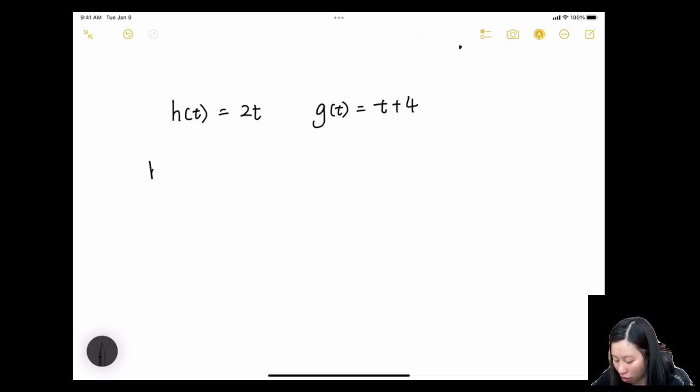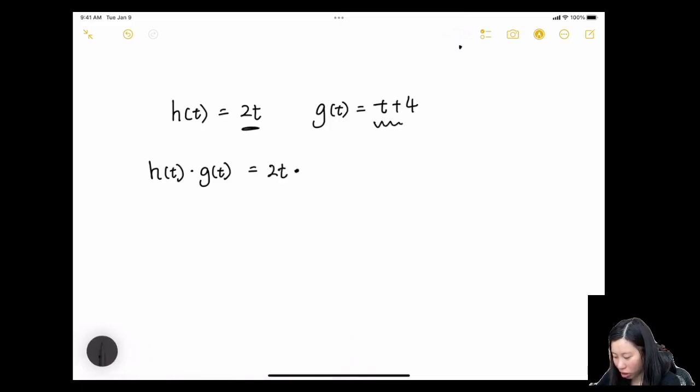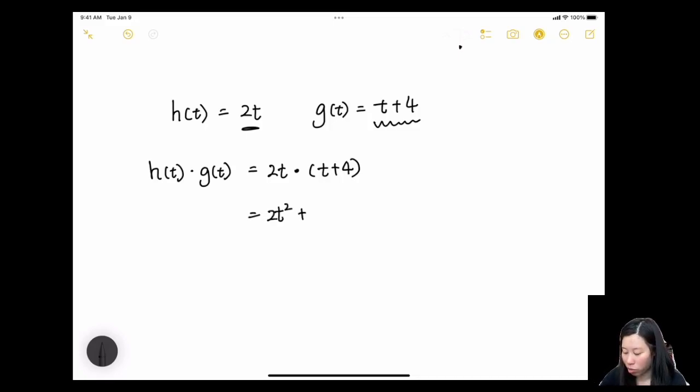So now, if they say h of t times g of t equals what? Again, you substitute, that means two functions multiplied together. H of t is 2t times g of t, which is t plus 4. Don't forget the parentheses, because you multiply by the whole g of t function. So you distribute the 2t inside: 2t squared plus 8t.